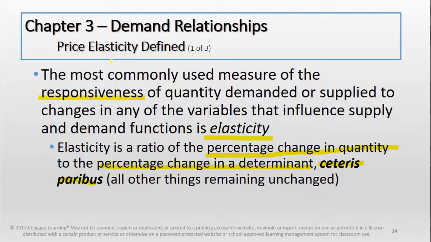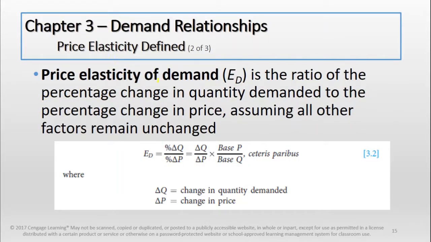So, since we are talking about price elasticity, of course, your determinant here is your price. That is why you have this equation. Again, the percentage change, the triangle there, that is your delta, which signifies change. The percentage change of your quantity divided by the percentage change of your price, since, as I mentioned, price is your determinant here.